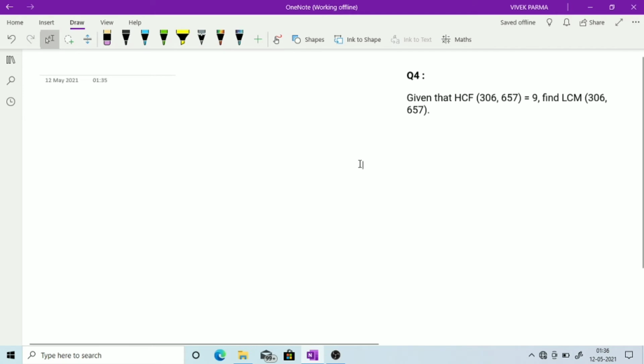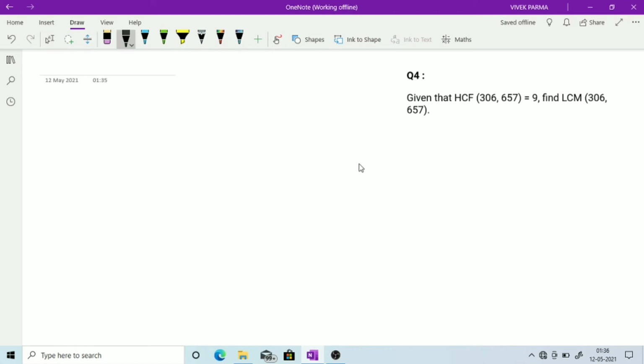So we have given here the HCF is 9 and find the LCM, right? So as we know, the relation between HCF and LCM is what? The product of HCF and LCM is the product of the given two numbers, right?